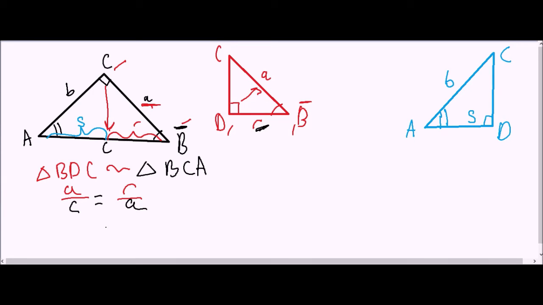Now I want to get the A's on top. I want this A on the bottom to go away, so I'm going to multiply both sides by A. But I also don't want this C to be on the bottom because I just want to have an A squared.